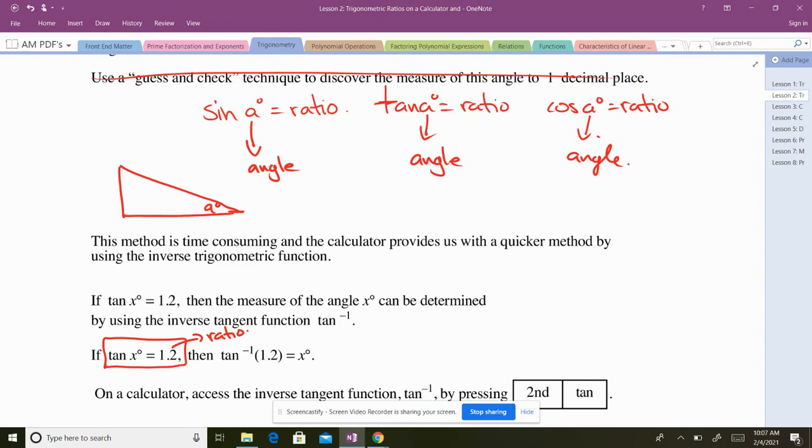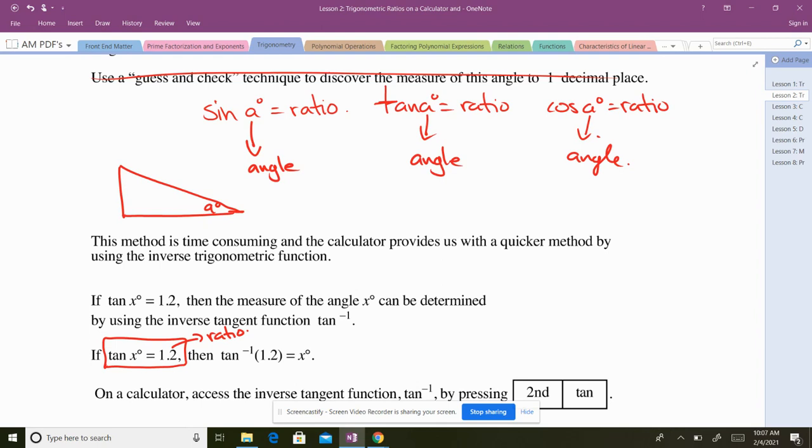So if I say tan of x is equal to 1.7, I'm asking for the angle. To get the angle, now we're going to fib some math because you're not going to learn why this works until grade 12. Okay, so you're just going to have to trust me on this bit.